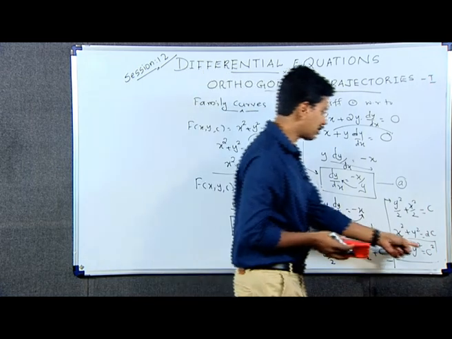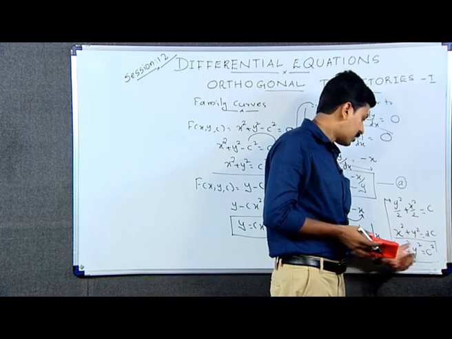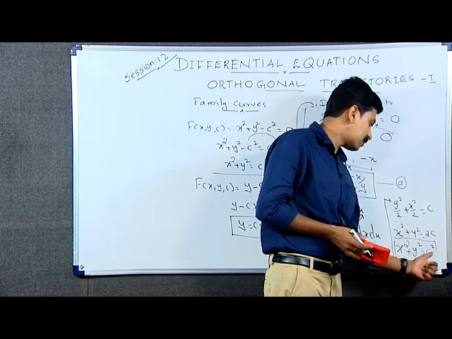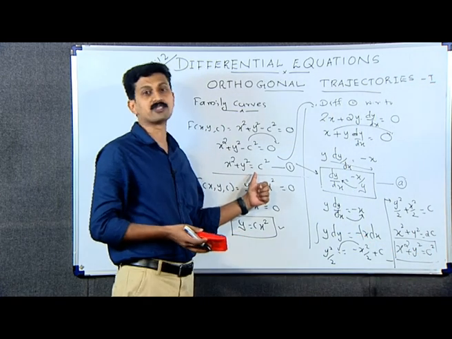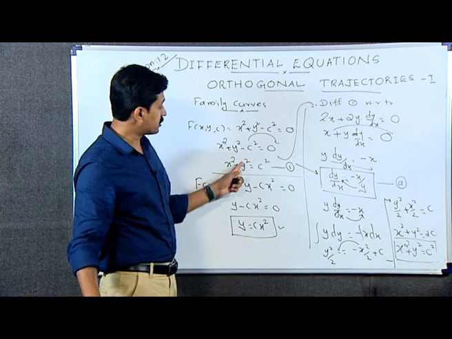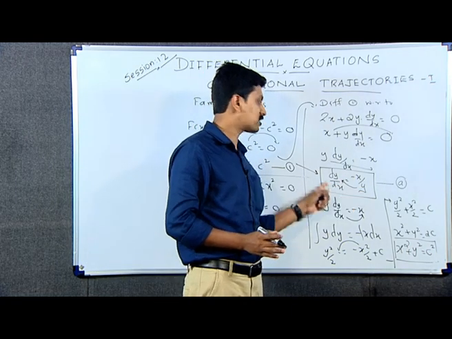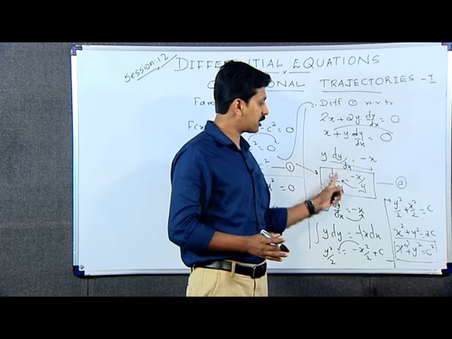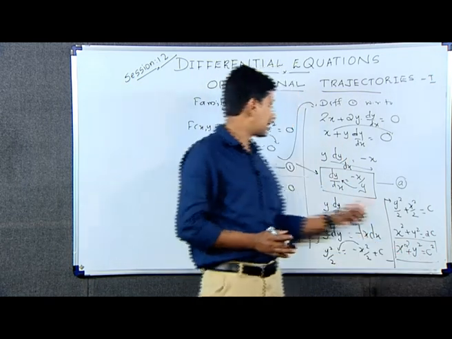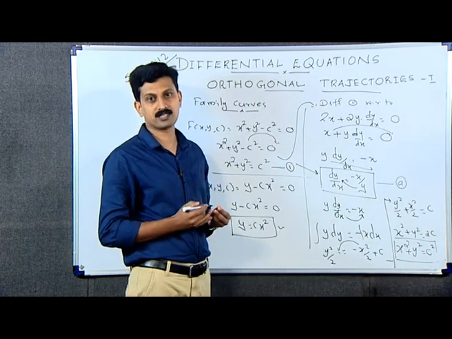Because this is an arbitrary constant we again arrive at equation 1. So, we can generate a differential equation from 1, and while solving that differential equation, we will again arrive at this family of circles.